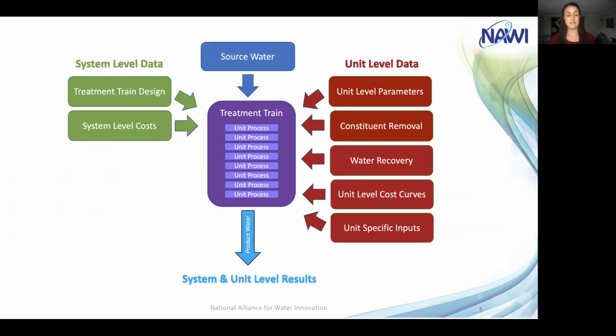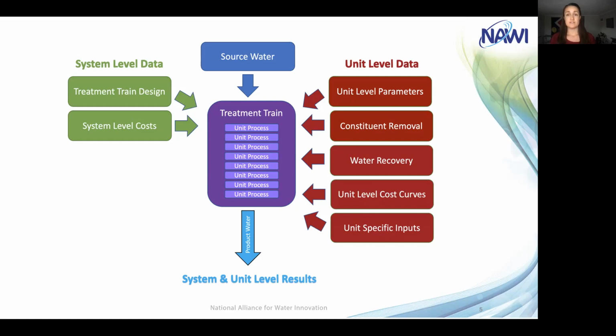So here is a simplified version of how the tool actually works. We are capturing system level data about train design and costs, seen on this green side, and then also unit level data in the red to build each unit process. So unit processes such as reverse osmosis or chlorine addition, coag and flock, just any potential step of a water treatment train that a user might want.